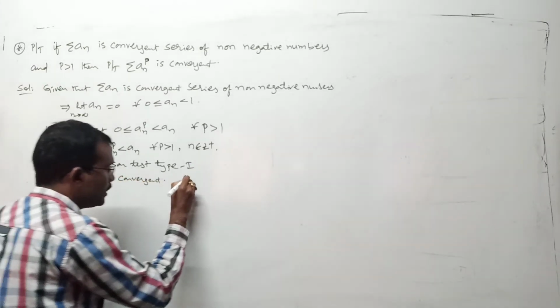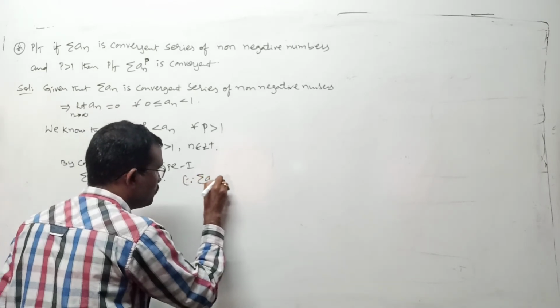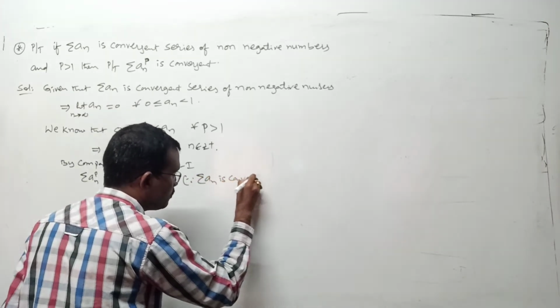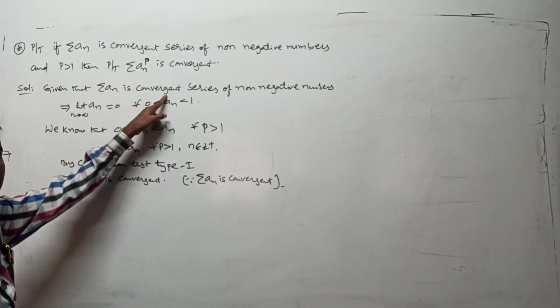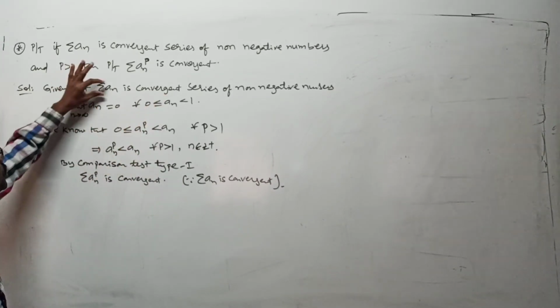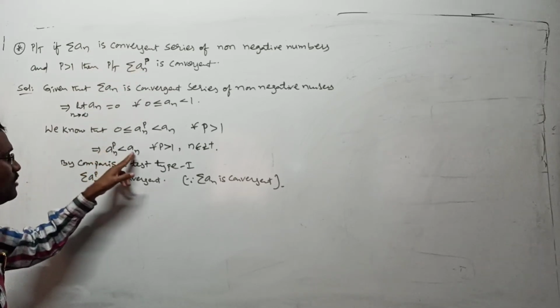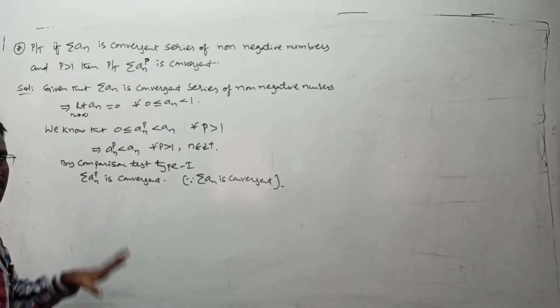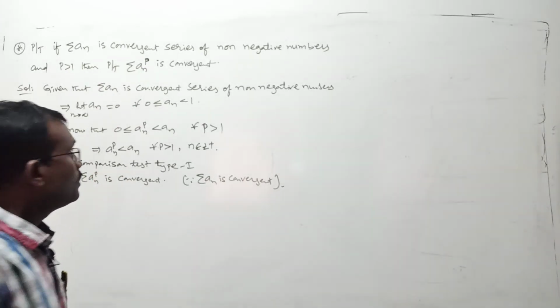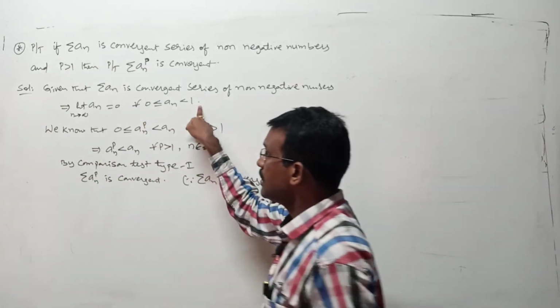The reason is that already in the statement they have given sigma an is convergent. And we got sigma vn is convergent and un is less than vn. If sigma vn is convergent, then sigma un is also convergent. Like that we proceed here. But mainly, how have you written this?